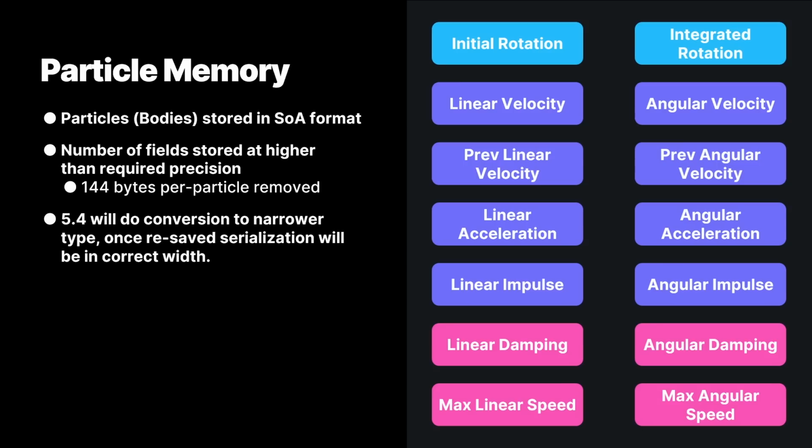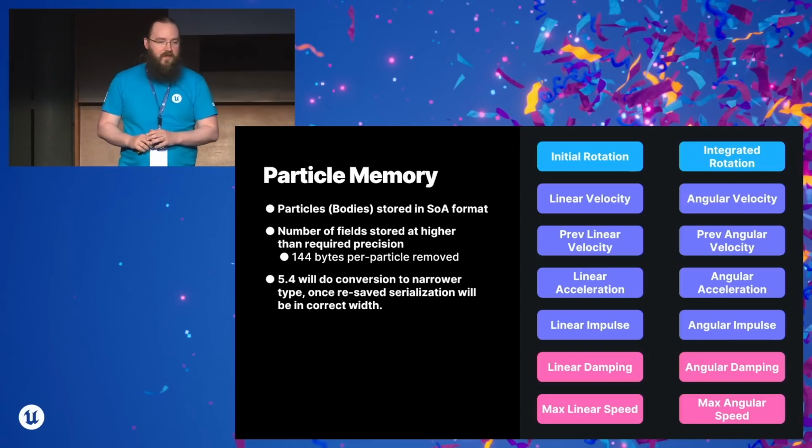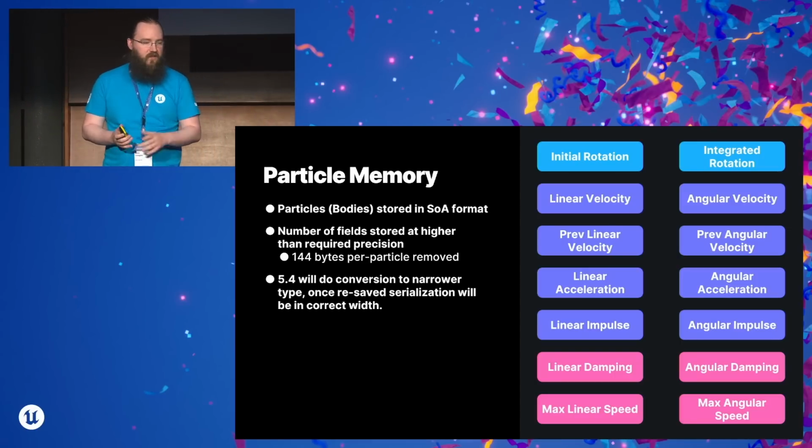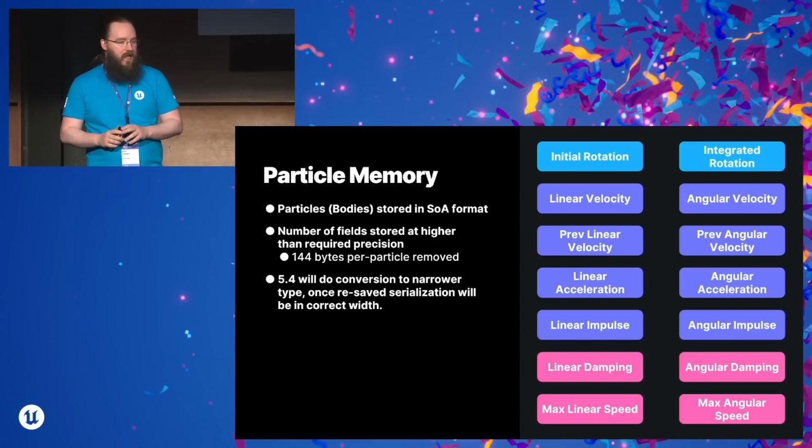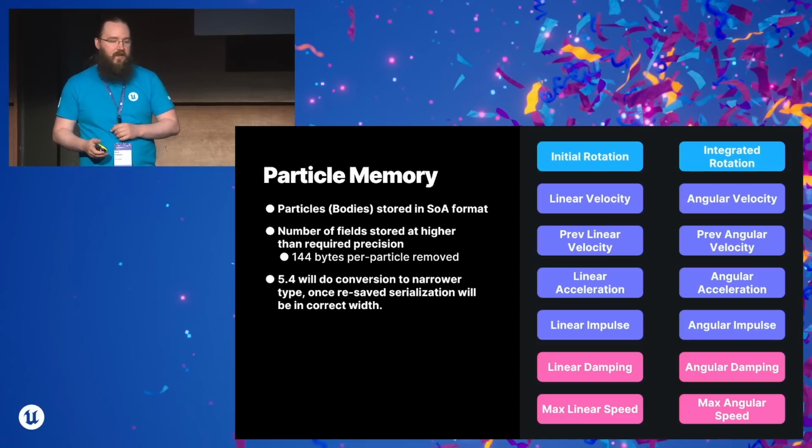We noticed when working on scenes with lots of geometry collections, which create a lot of particles and a lot of shapes, that a number of the properties were being stored at a higher precision than we probably needed for them. So they're all listed here on the right-hand side of this slide, and they're colored by type there. The two rotations are quaternions, then we've got a bunch of vectors and some simple floats at the end there.